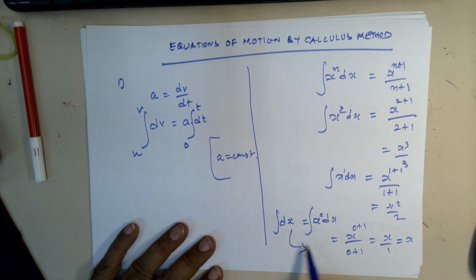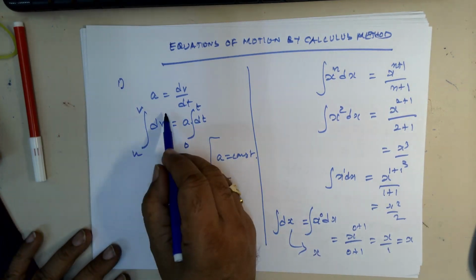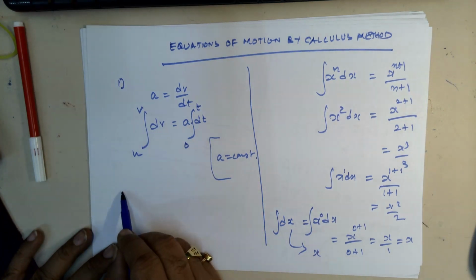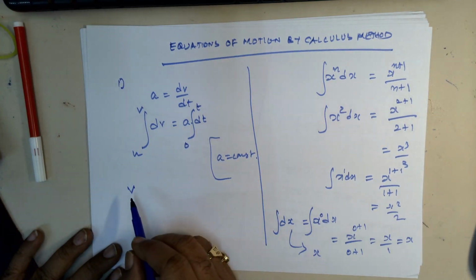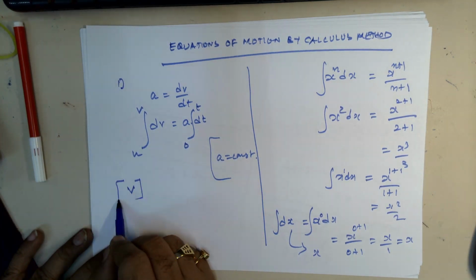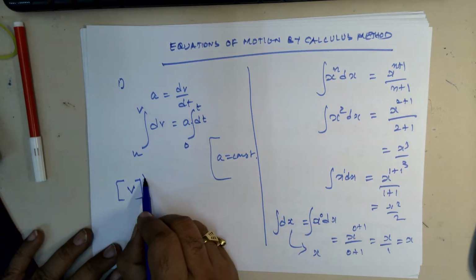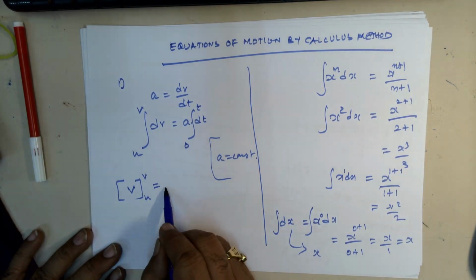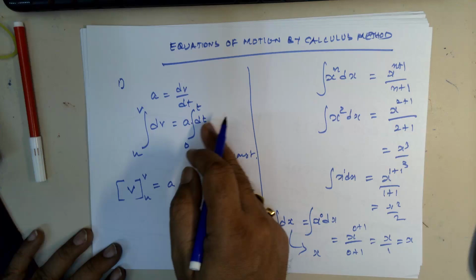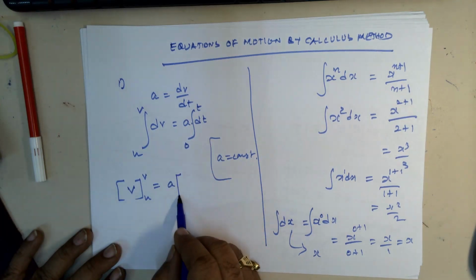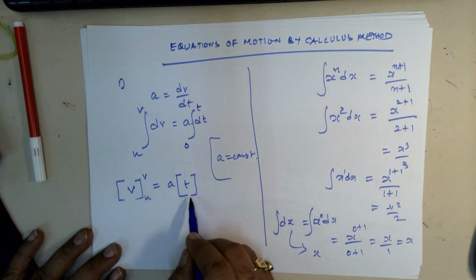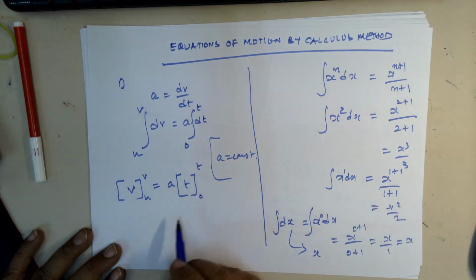So the integral of dx is x, right? Similarly, the integral of dv is equal to v, between the limits u and v, and a is constant. What is the integral of dt? That is t, between the limits 0 and t.